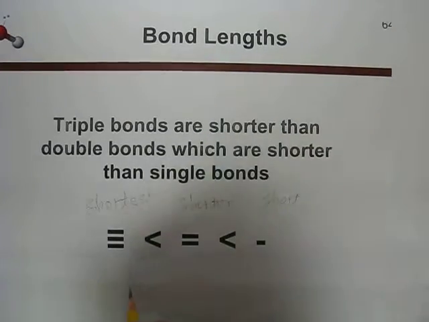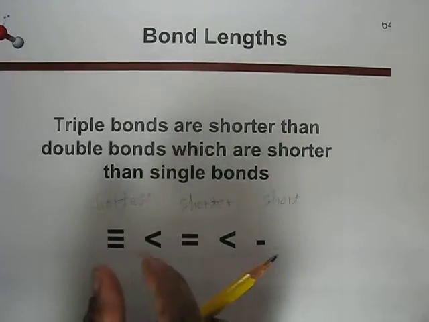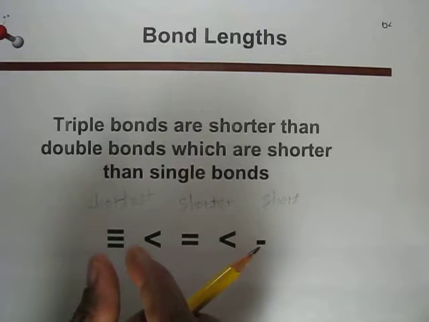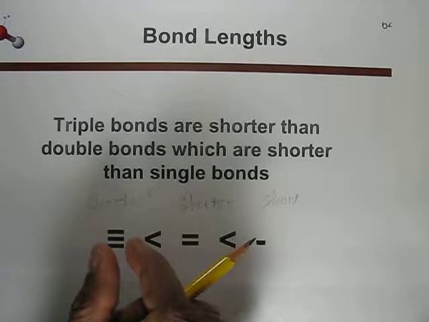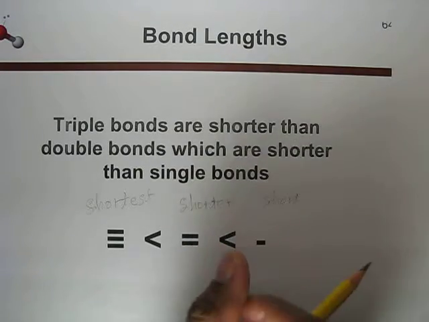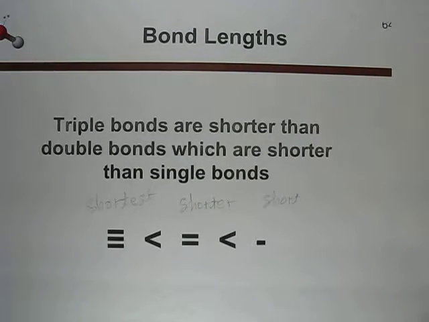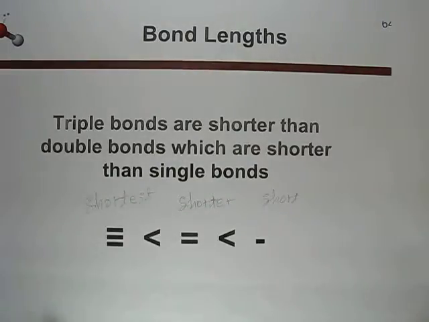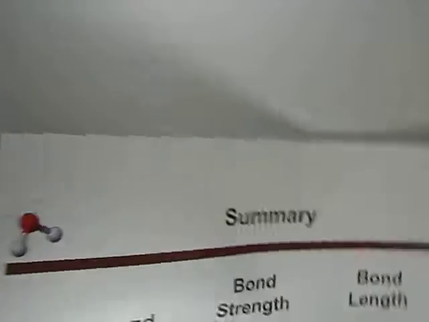This triple bond is really very small. So the distance between the two atoms is very small compared to the double bond and the single bond.